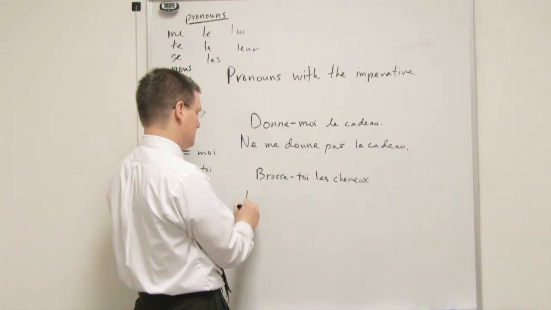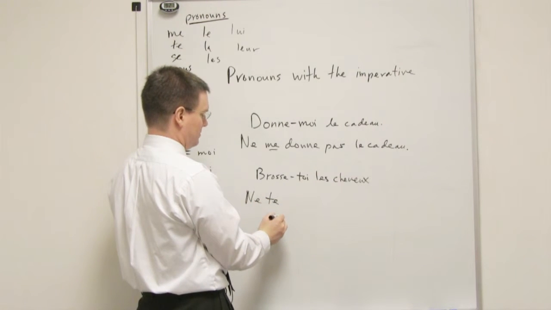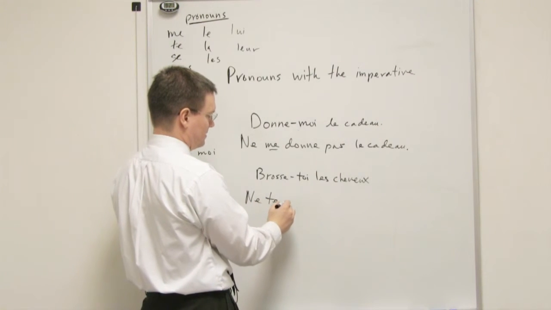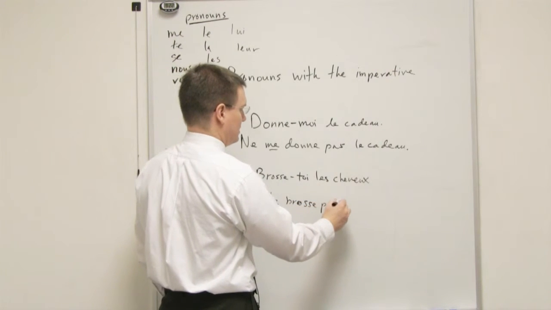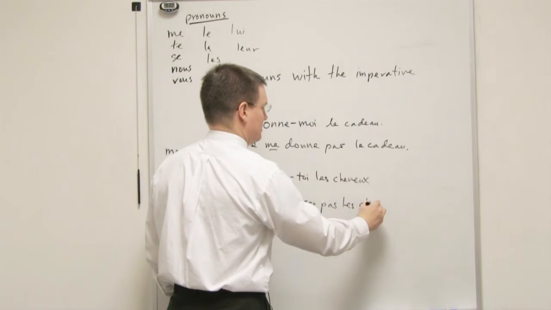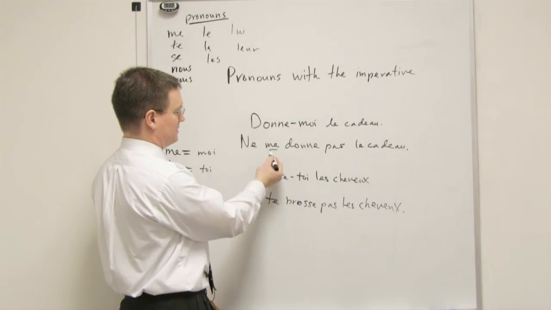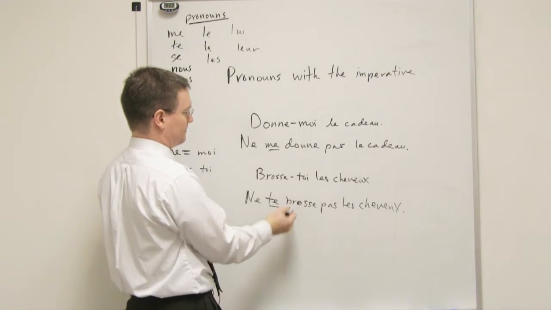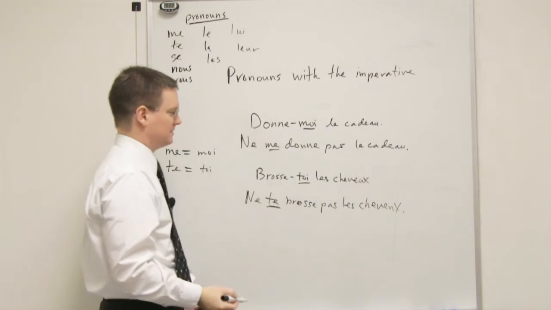Then "don't brush your hair": notice te stays te. Ne te brosse pas les cheveux. So again, notice the similarity between these phrases. If it's after the verb, it's toi or moi. If it's before the verb, it's me or te.